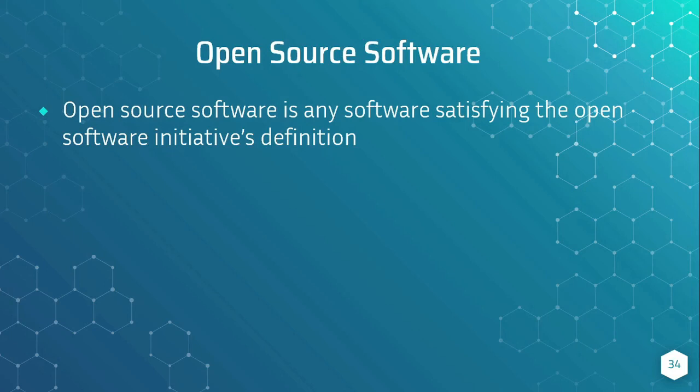In addition to providing free access to the programmer's instructions to the computer in the programming language in which they were written, many versions of open source licenses allow anyone to modify and redistribute the software.